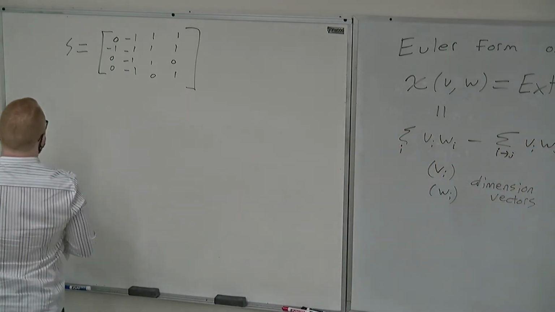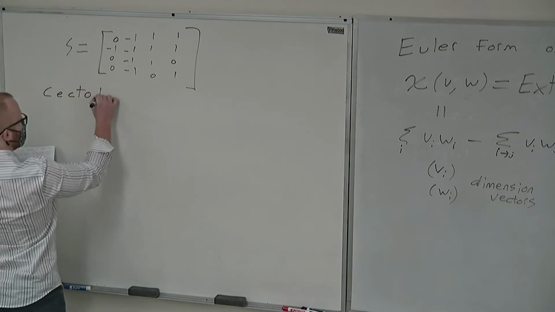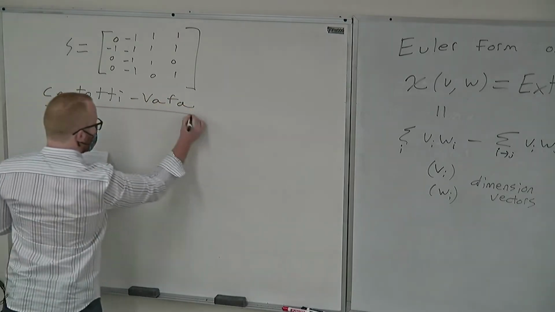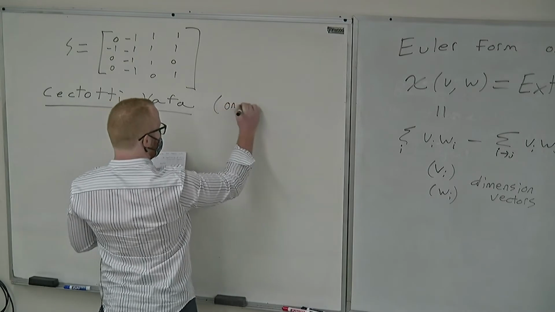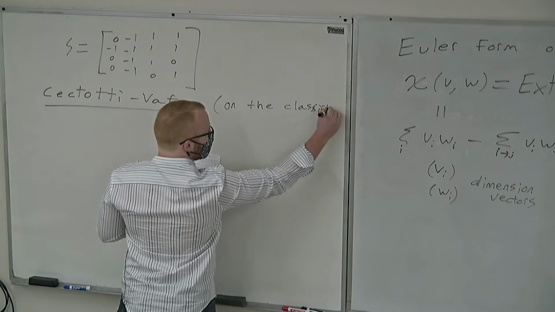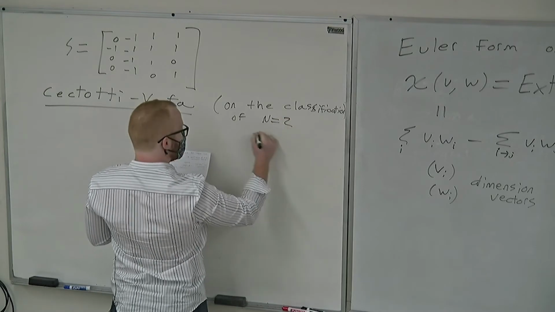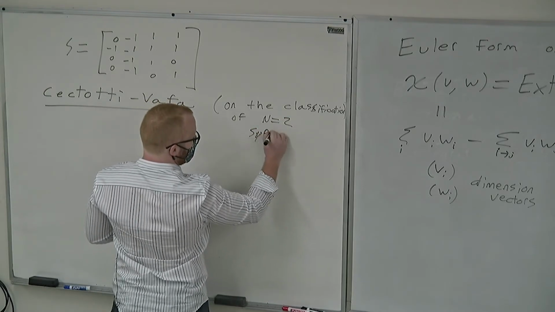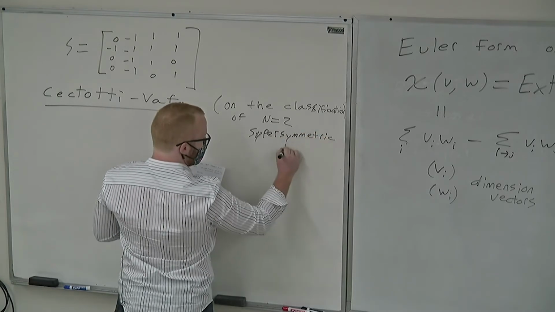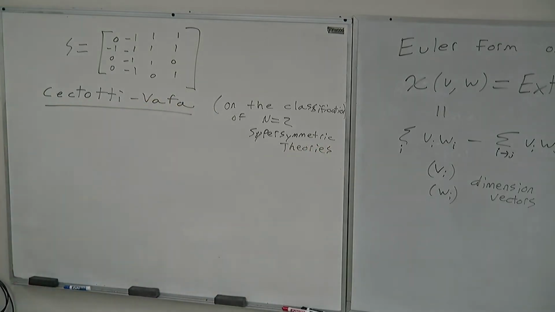Well, there's an idea that goes back to a physics paper by Cecotti and Vafa, on the classification of N=2 supersymmetric theories. The idea goes kind of like this.